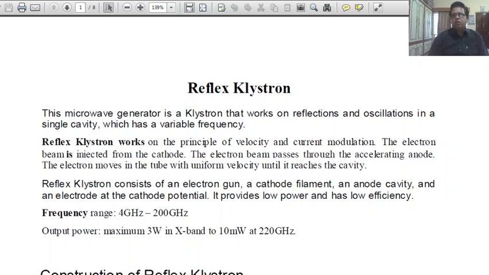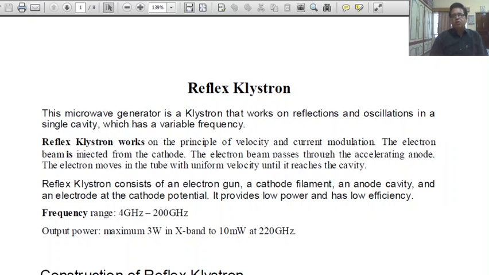In the last article, we learned about the two cavity klystron, where we use two cavities, the buncher cavity and the catcher cavity. So the reflex klystron is a microwave generator.